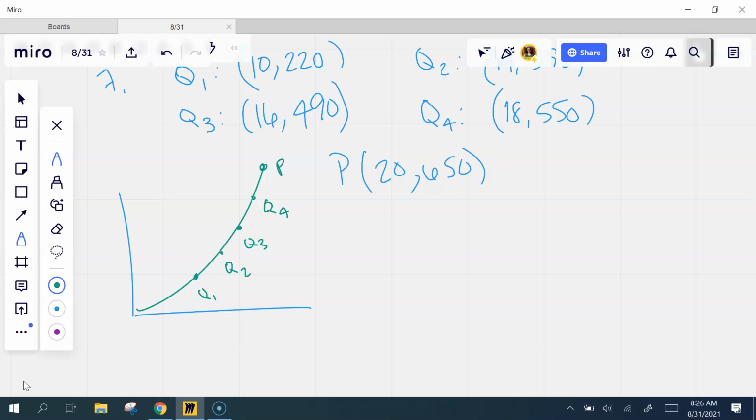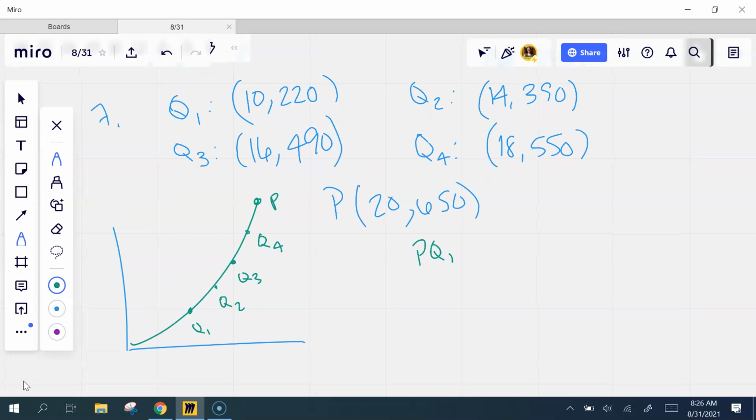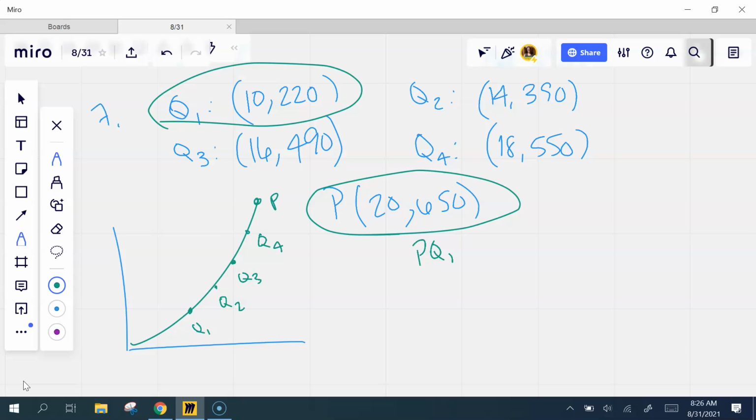They're just asking for something you already know how to do. Like this is the slope. It tells you to find the slope of the secant PQ1. Well, that means the slope of the line through point P and point Q1. That's it. It's up above.